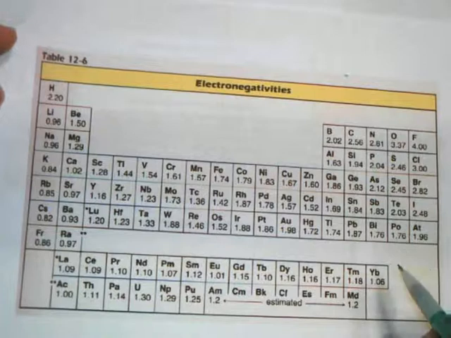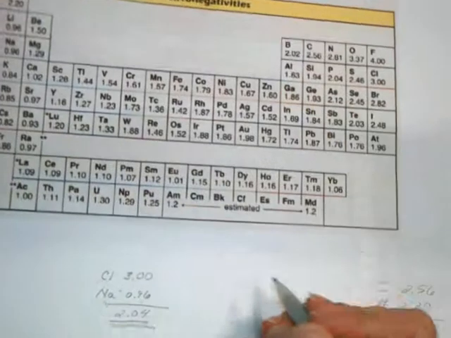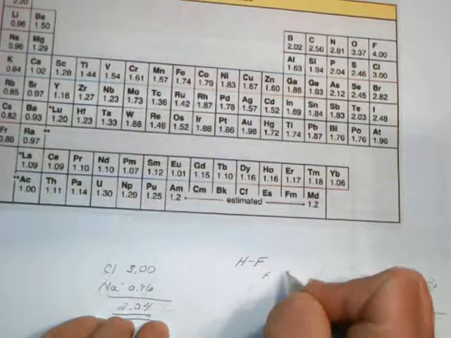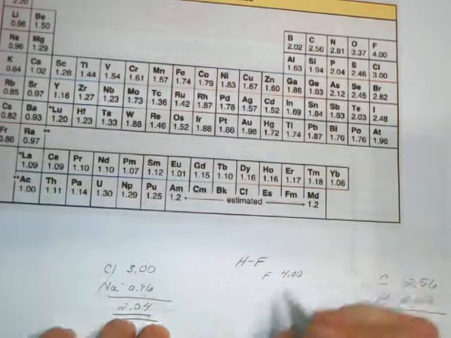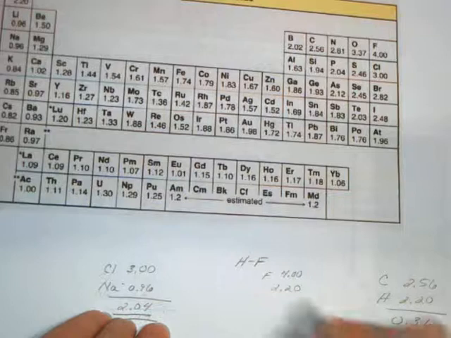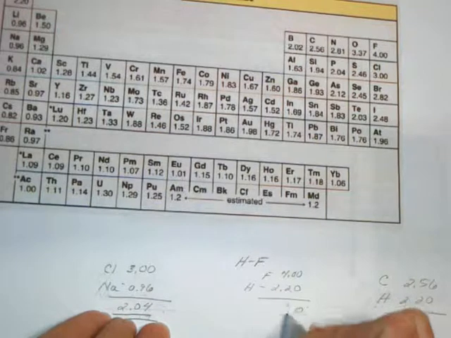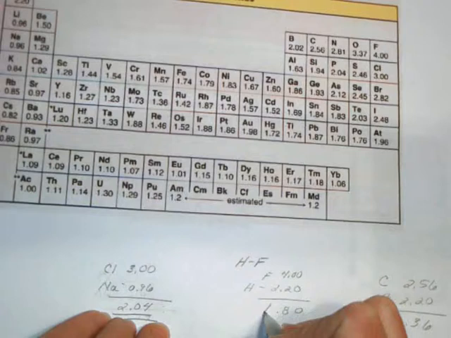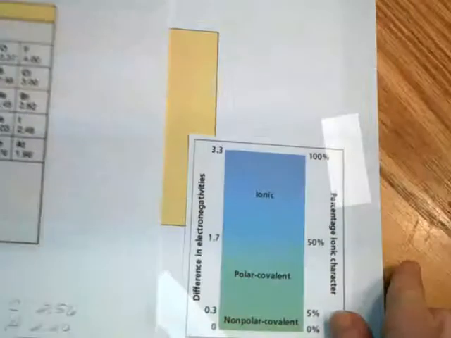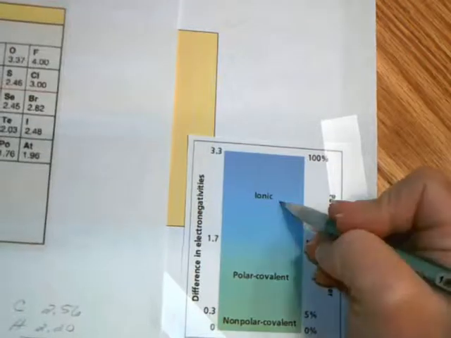Now, it could be, however, like in the case of HF. Again, fluorine has a value of 4, hydrogen, a value of 2.20. Subtracting these, we get 1.80, which puts us in what would be classified as ionic.